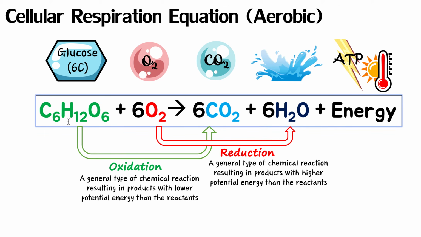So this glucose has a lot of energy, and we can see it gets converted into carbon dioxide. So it's an oxidation reaction because the reactant is more unstable, higher energy than the product. The product is more stable, lower energy.